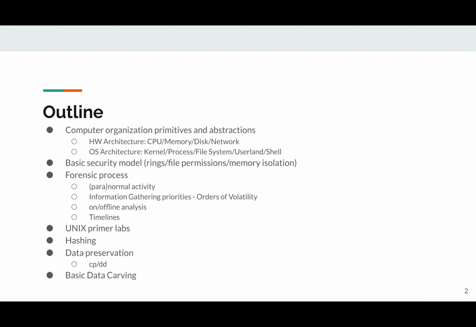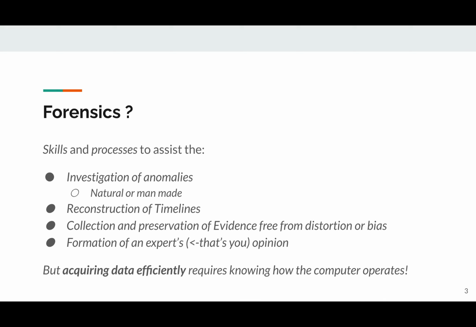Let's just jump right in. So, in a sense, what is forensics? We can say that forensics is a collection of skills and processes that we have in place, and using those we can investigate an anomaly, either a natural anomaly, where something is abnormal in the way a system is executing and we want to find out why, or maybe a man-made anomaly.